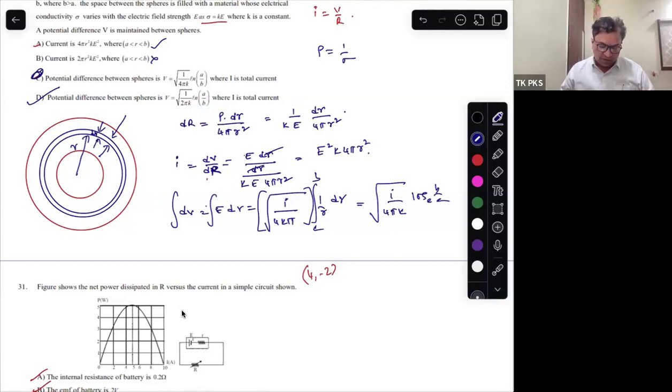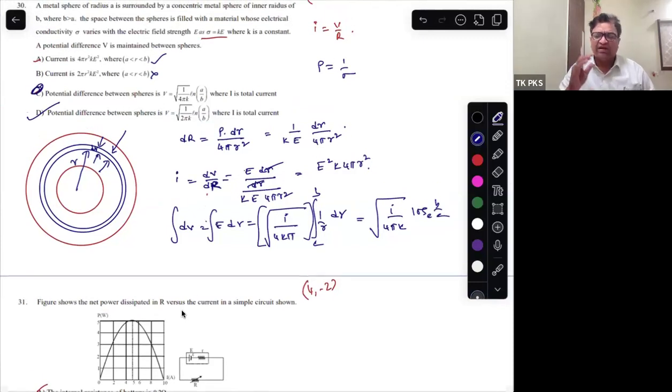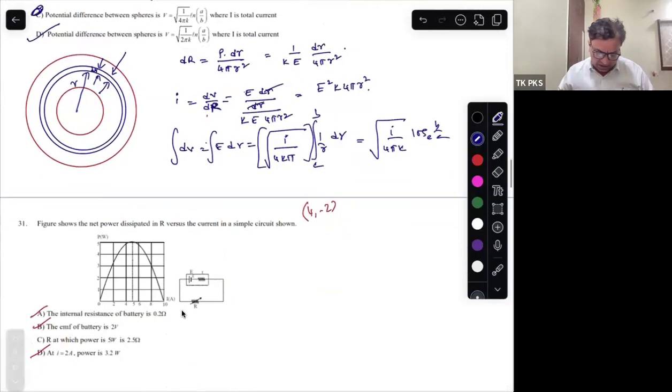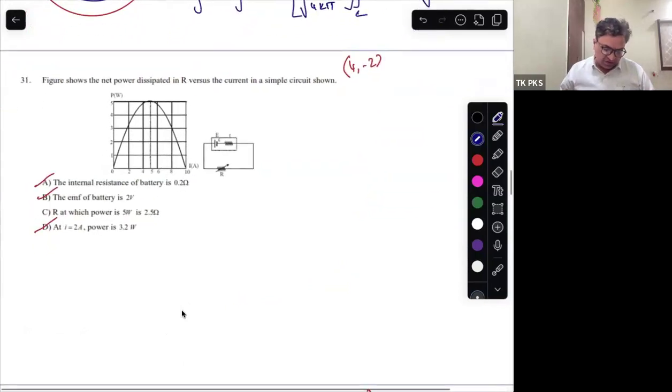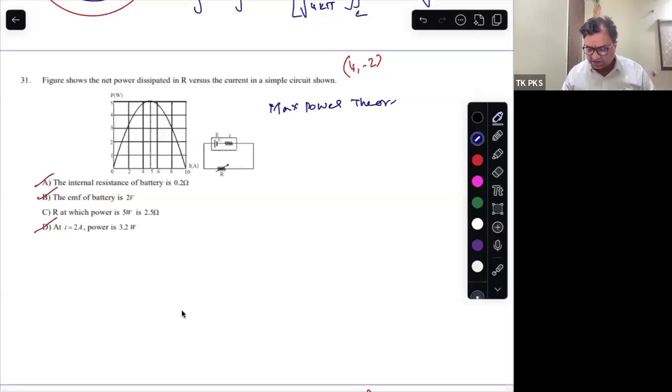Okay, a bit difficult when compared to the questions which we have done till this point of time. 31st question. The figure shows the net power dissipated in R versus the current in the simple circuit shown. The maximum power theorem is what you need to remember. What is the maximum power theorem suggesting to us? When load resistance is the same as internal resistance, power delivered is maximum.